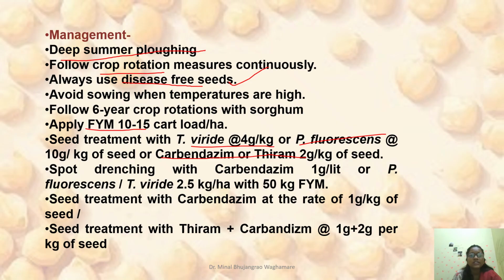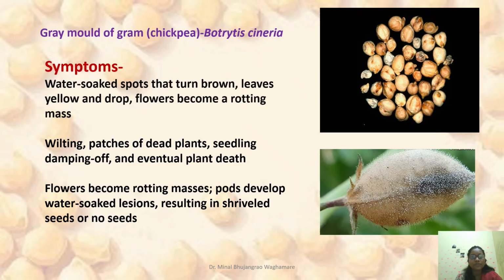Again, thiram plus carbendazim together, 1 gram plus 2 gram per kilogram of seed, can be used as seed treatment. Other than this, proper drainage and proper irrigation channel maintenance should be done to control the wilt disease of gram.